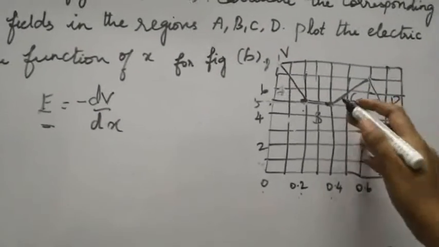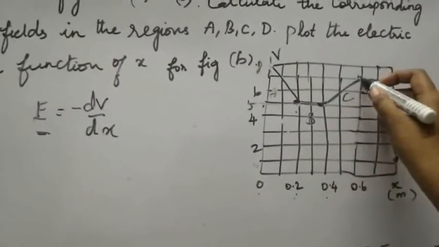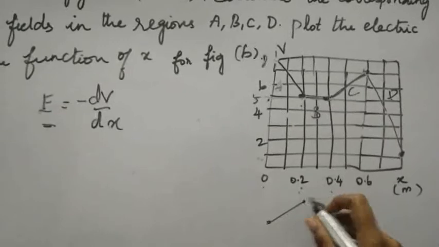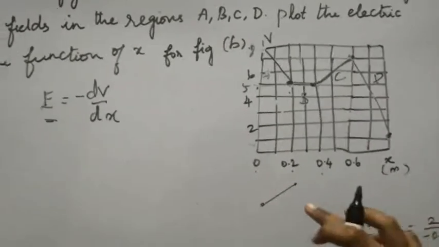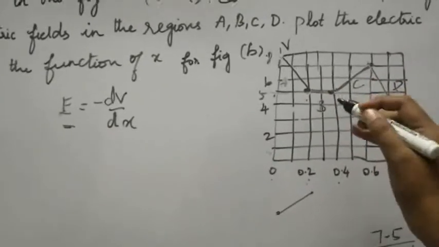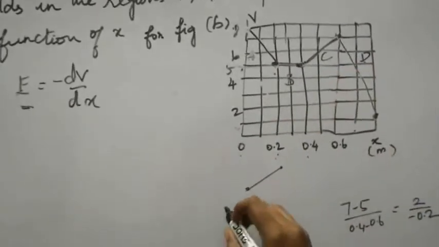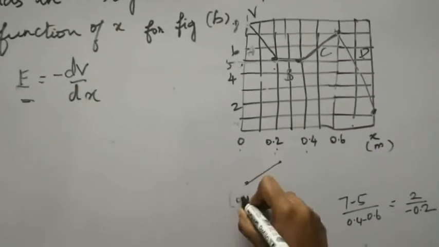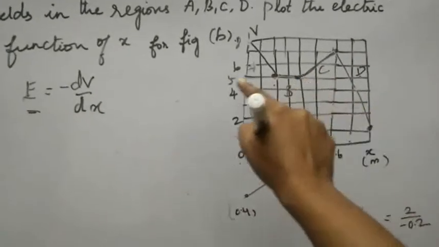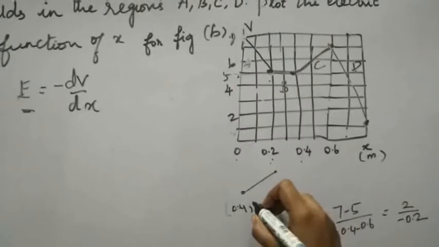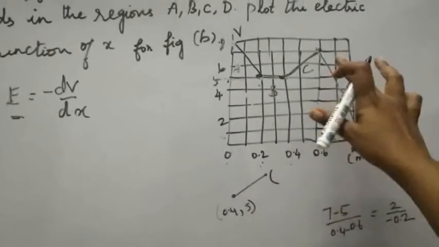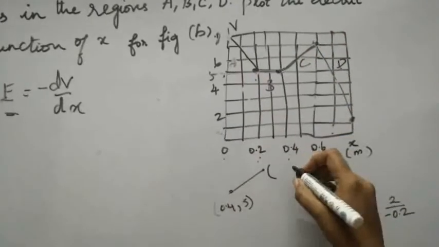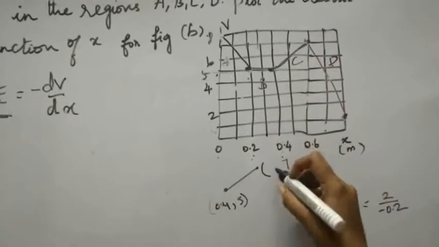For region C, see the initial point is here and the final point is here. So you definitely have a slope here. For the initial point, the x-axis value is 0.4 and the y-axis value is 5, and for the point at the top in region C the y-axis value is 7 and the x-axis value is 0.6.